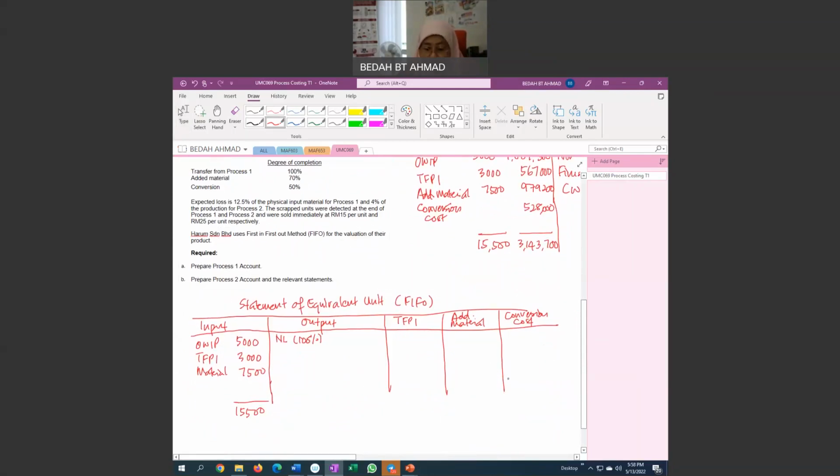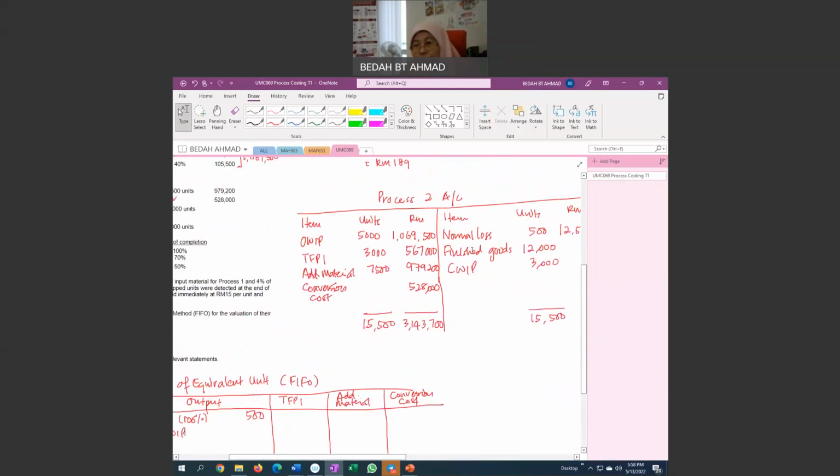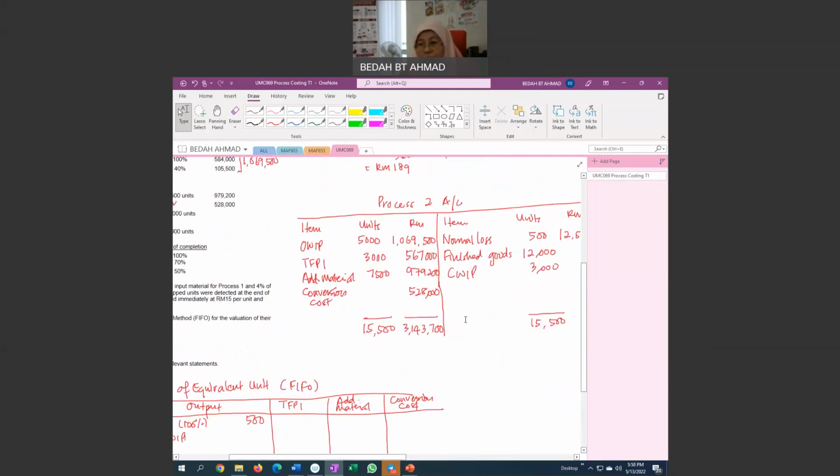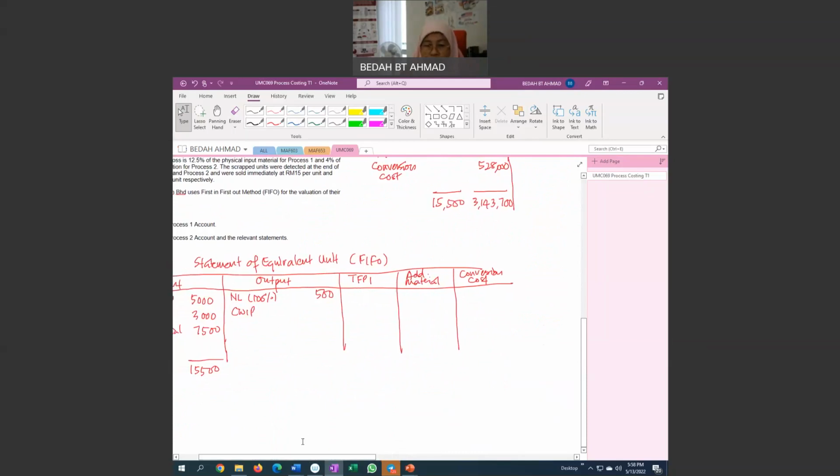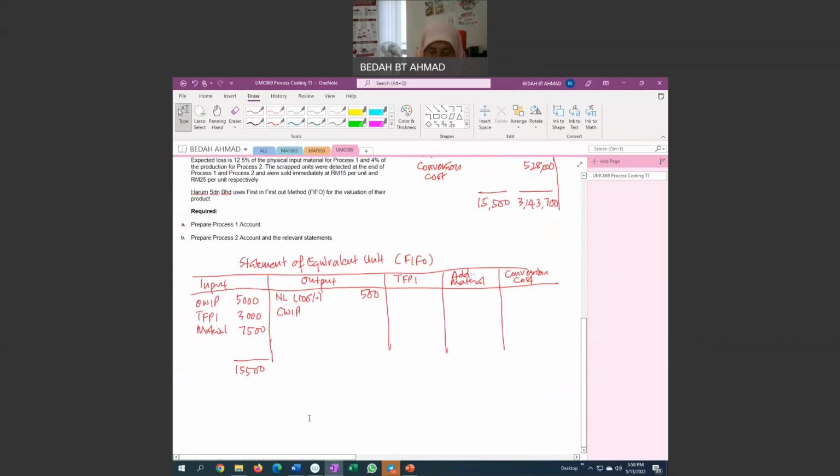So the output for the normal loss is 500. Then we have the closing work in progress. On the credit side, we have finished goods, normal loss, and closing work in progress. Closing work in progress, we have 3,000.